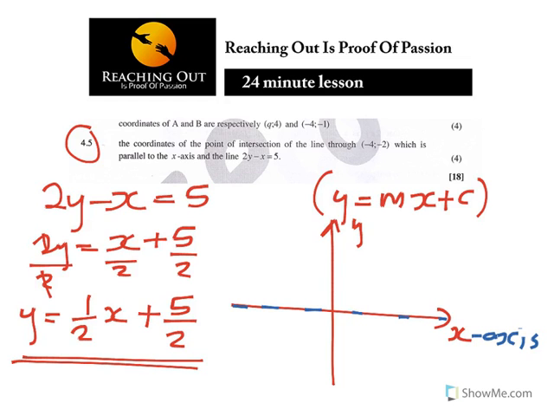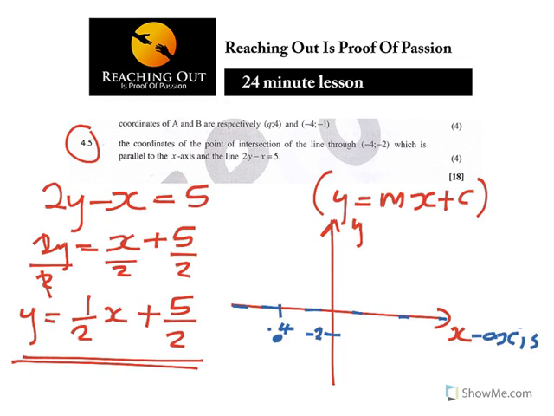So if I plot that on my Cartesian plane, if this is -4, because -4 is for x, and this is -2, there is a point there.